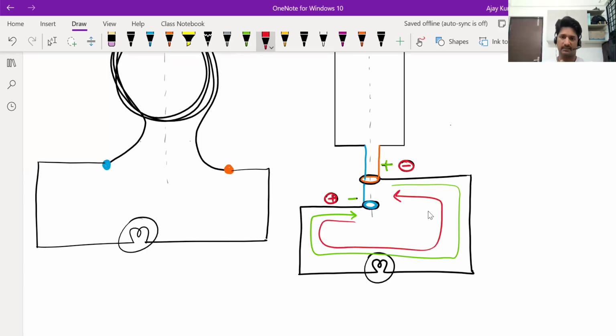It keeps changing direction. For some time it flows clockwise, for some time it flows anti-clockwise. That is why that current is called alternating current, AC. And the EMF also keeps changing its polarity. We call it an alternating EMF.